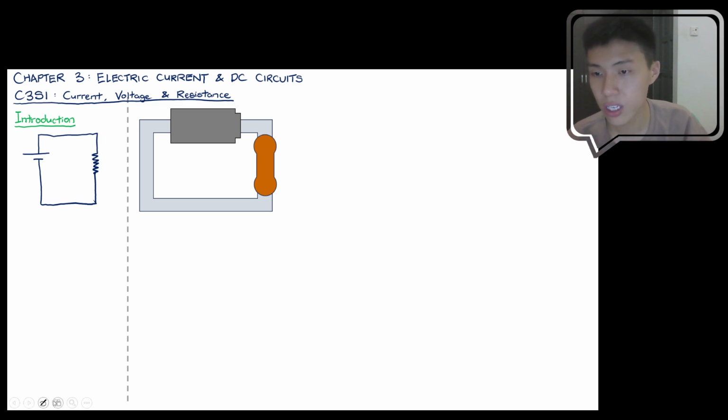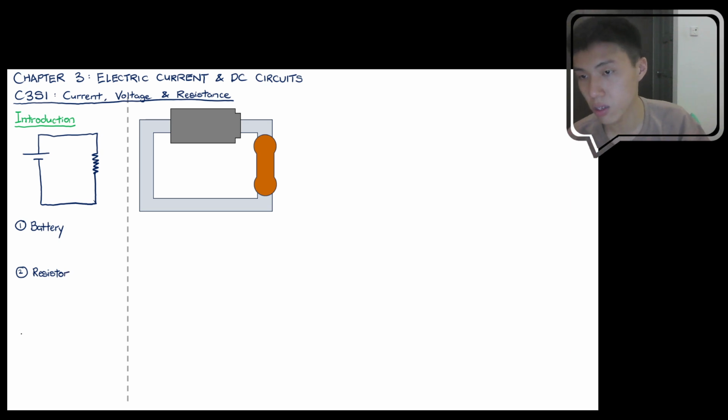So the 3 important elements in any kind of electric circuit: you need a battery, a power supply. The second thing you probably need is a resistance, or let's call it a resistor.